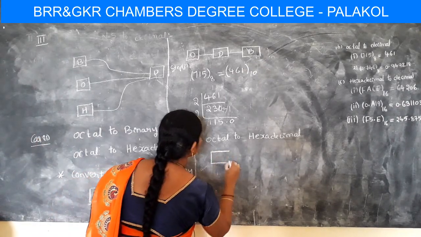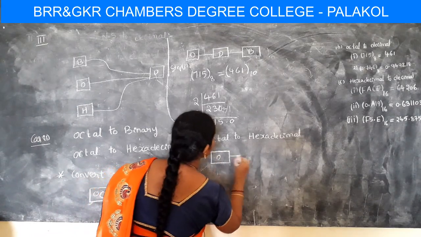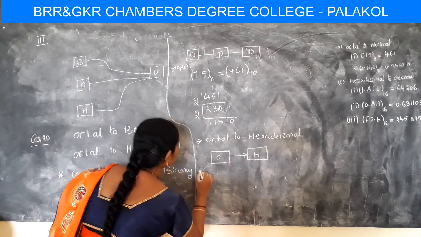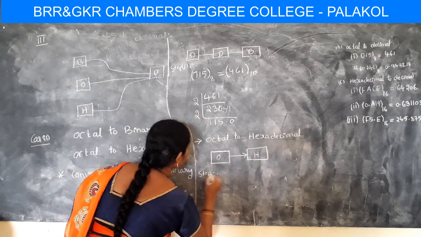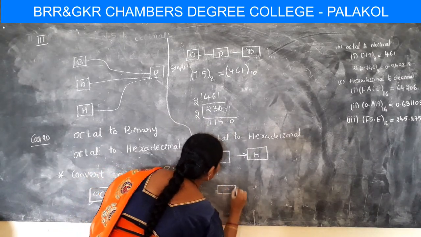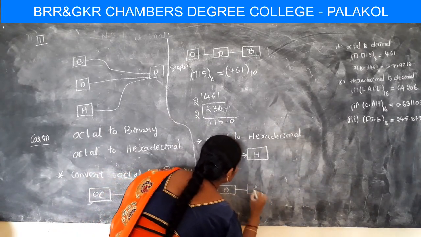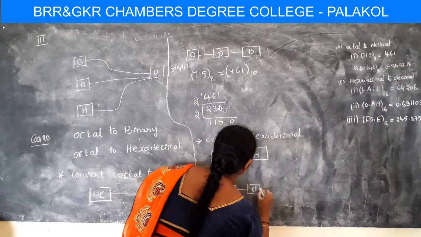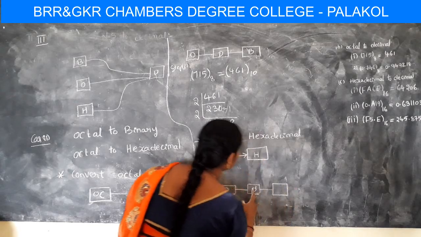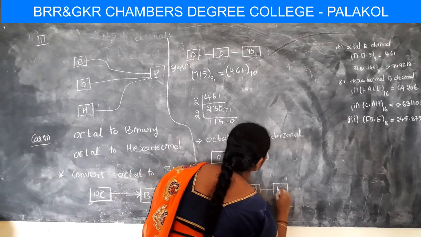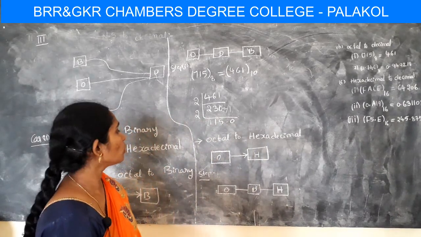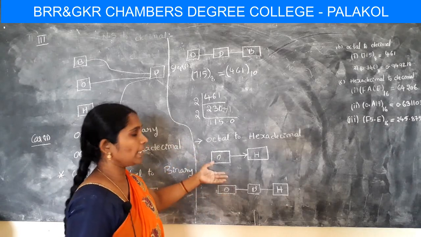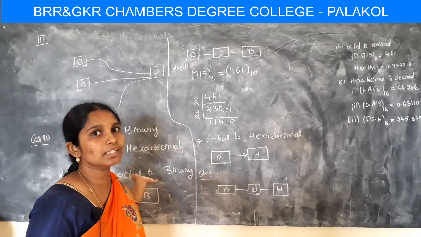So step number 1 is we have to convert this octal number to decimal number. In step number 2 we have to convert this decimal number to hexadecimal number.